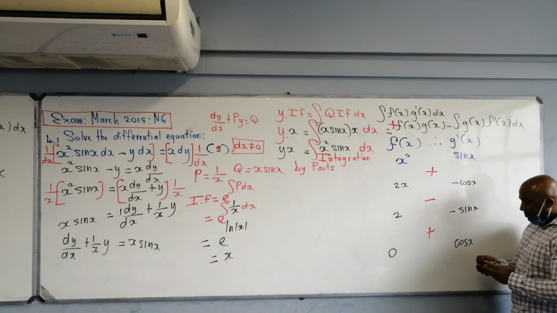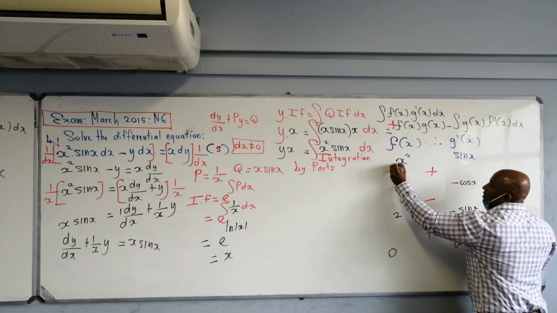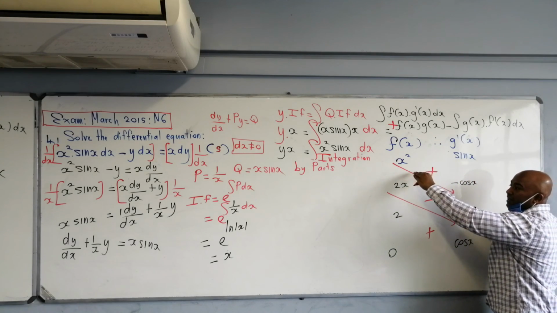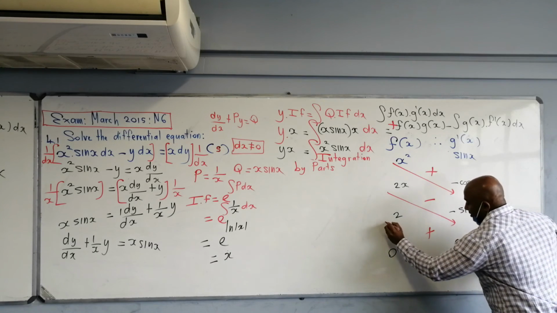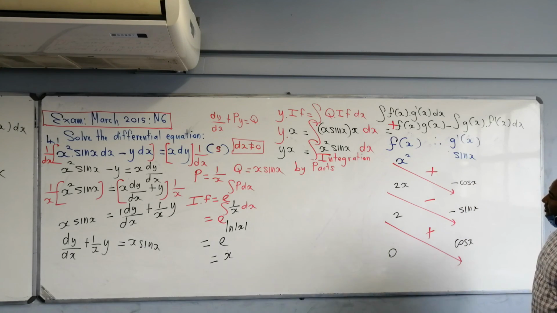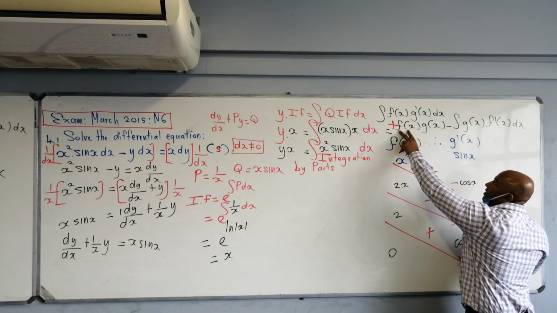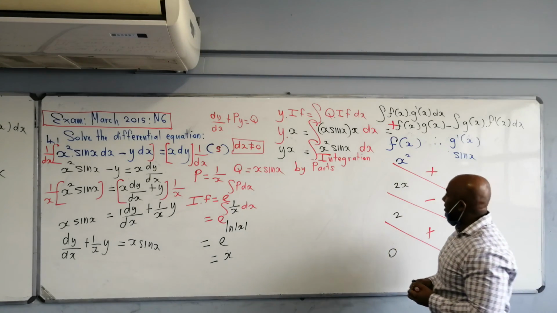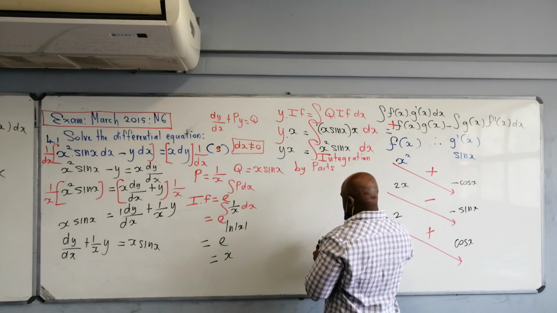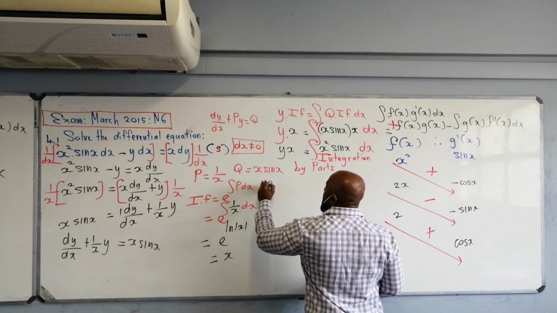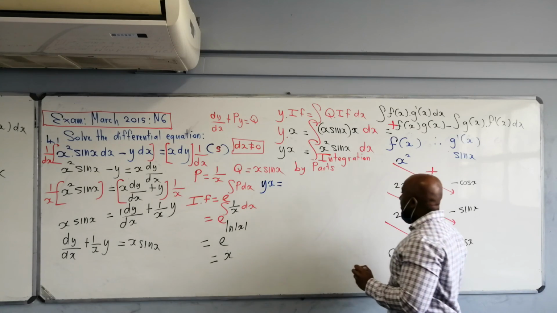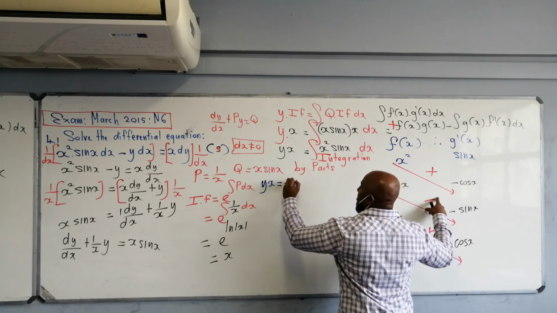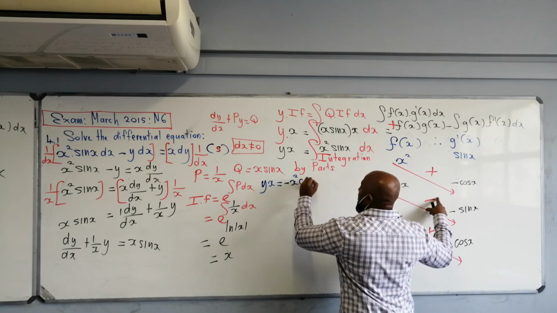So what do you do? You multiply now. This way, going down there. That's why I said leave a line here. So it must be done properly. So what do we do now? We multiply f times g. There's f times g all the time. So let's do it here. So I got my y times x is equal to, so I'm going to multiply these two, it's going to give me minus x squared cos x.